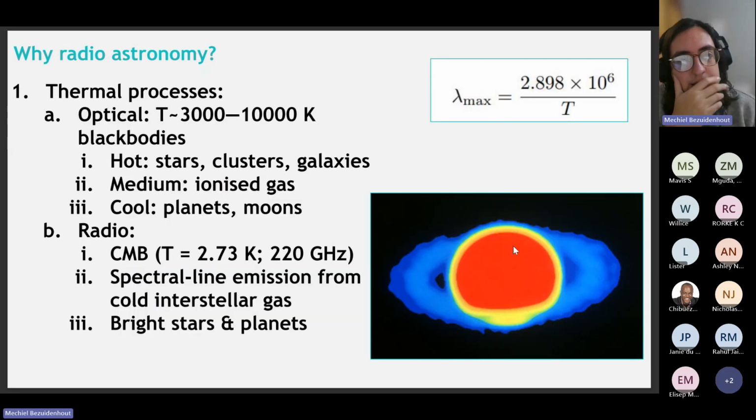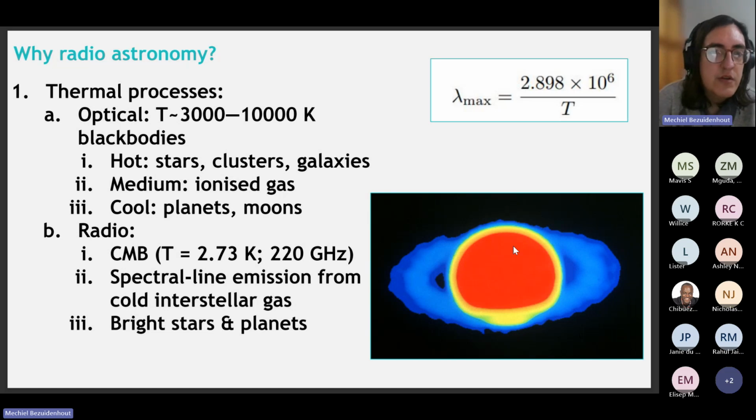Right, so let's talk a bit about these emission processes. In lecture 4, I believe, we're going to go into detail on the different emission processes that produce radio emission. But today I just want to introduce a very important distinction that we make in astronomy between thermal emission and non-thermal emission.